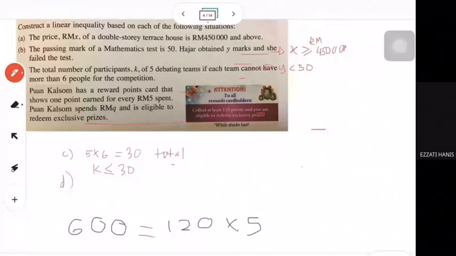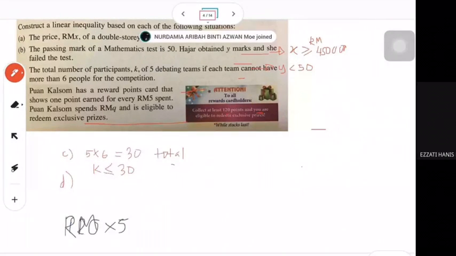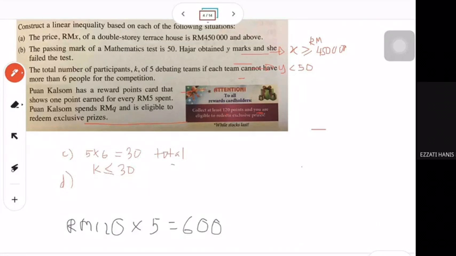Okay, and then who is doing that? Just do it directly. Times 5. Not RM 120. 120 points multiply RM5, like that, because every point is 5 ringgit.